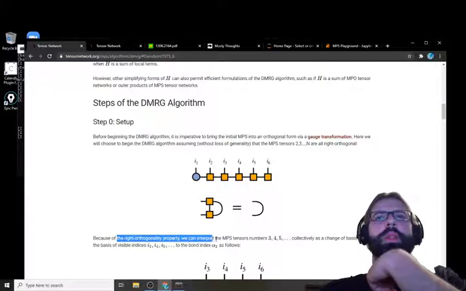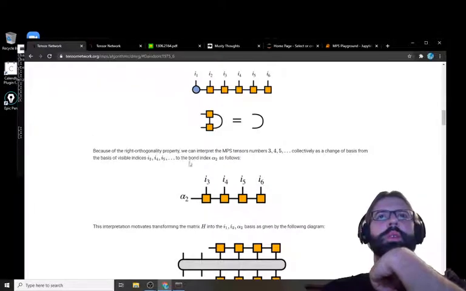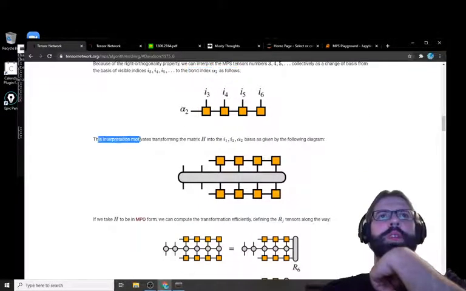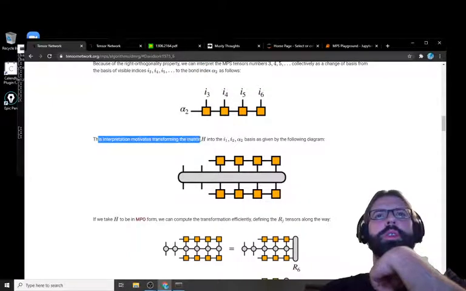I can interpret the MPS tensor numbers collected as a change of basis from the basis in the bond index like that. This interpretation motivates transforming the matrix H into the following diagram.